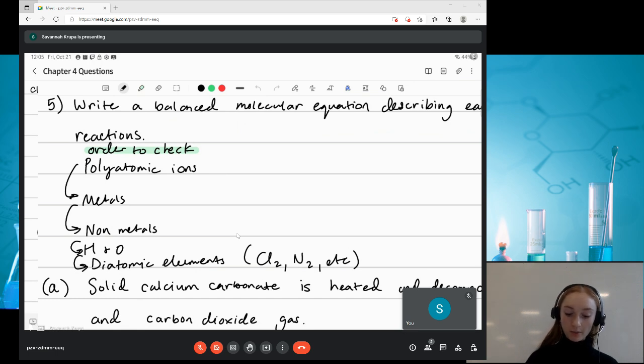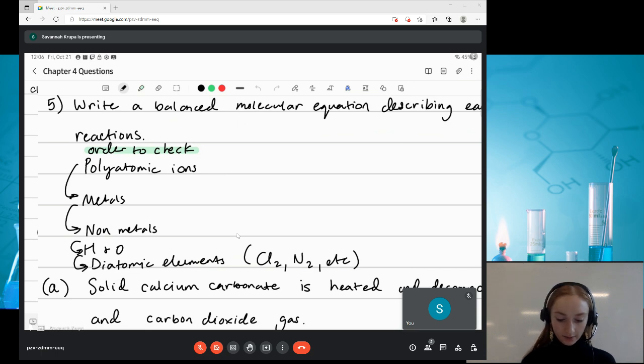So you want to look at polyatomic ions first, because recognizing that it's not just two separate atoms, it's actually a polyatomic ion, is important. It will be easier for counting up the charges to see if something is balanced and is neutral or not.